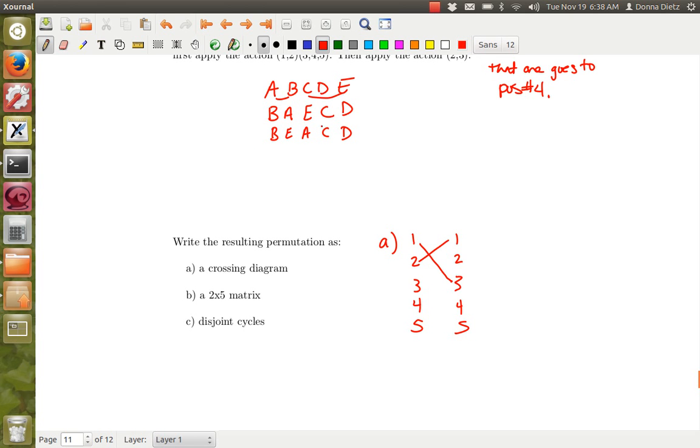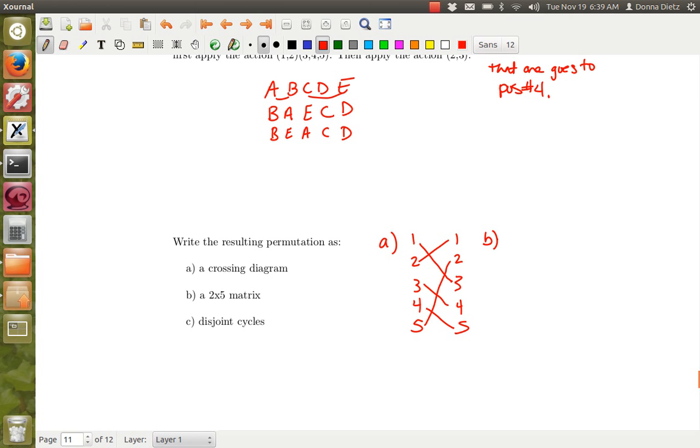Whoever's in position 3 ended up in 4, whoever's in 4 ended up in 5, and whoever's in 5 ended up in 2. So that was the result. Again, you could use A, B, C, D if you prefer. It's a crossing diagram, so it doesn't really matter.